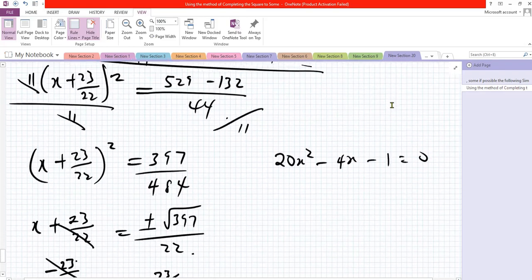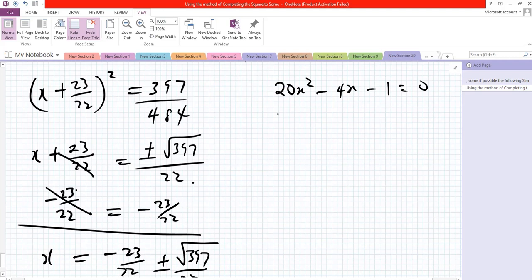So using completing the square method, now I'll factor out this. I need the coefficient of x squared to be 1. So what I'll do is to factor it with the coefficient of x squared, which is 20.